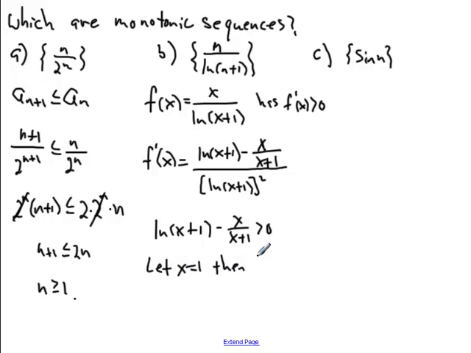Then what we have is ln 2 minus 1 half. And using our calculator, ln 2 is about 0.69. And so this, in fact, is going to be greater than 0. Now, what we want to show is that this is true not just for x equal to 1, but that this is true for any x bigger than 1.